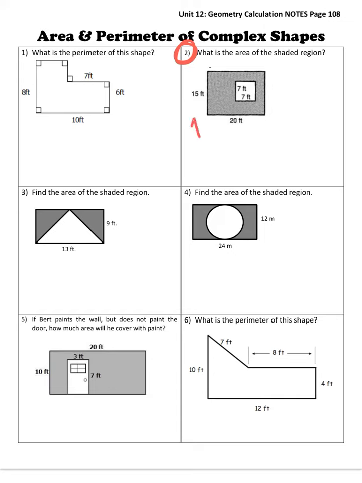So we have length times width. So the length would be 20 and the width is 15. So we have 20 times 15.